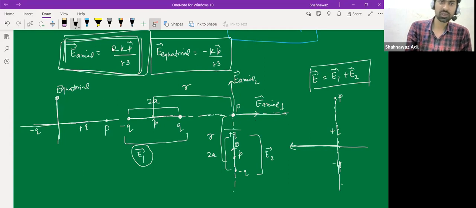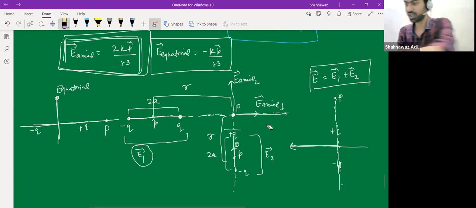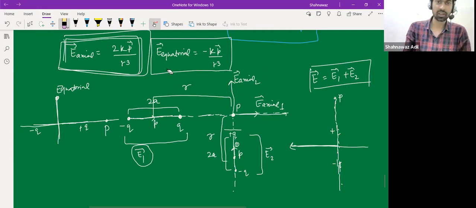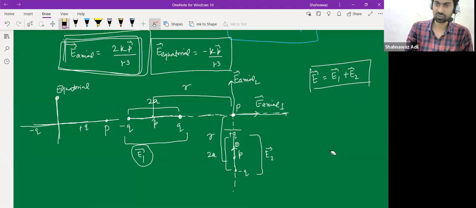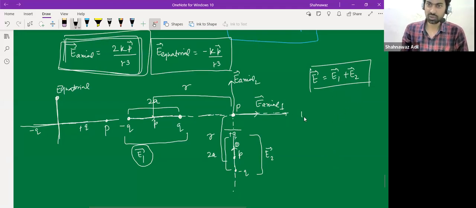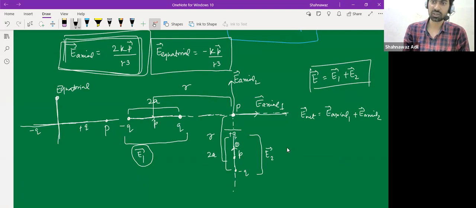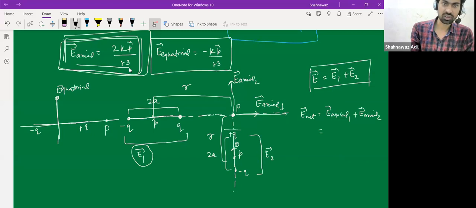The net electric field would be E axial 1 plus E axial 2, right, guys? So what is E axial 1? E axial is this.